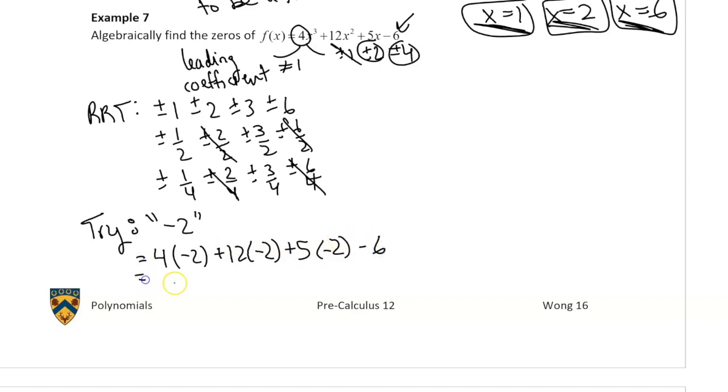Okay, and let's see what happens here. Oh, sorry, I forgot to put these guys up here. So we get -8 times 4, we get -32. 4 times 12, we get 48, minus 10 minus 6, and that is going to give us 0. So -2 is a factor. -2 is going to work for us.